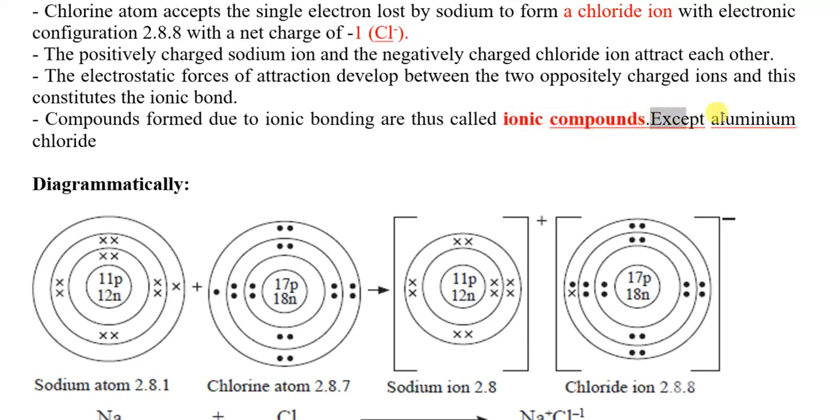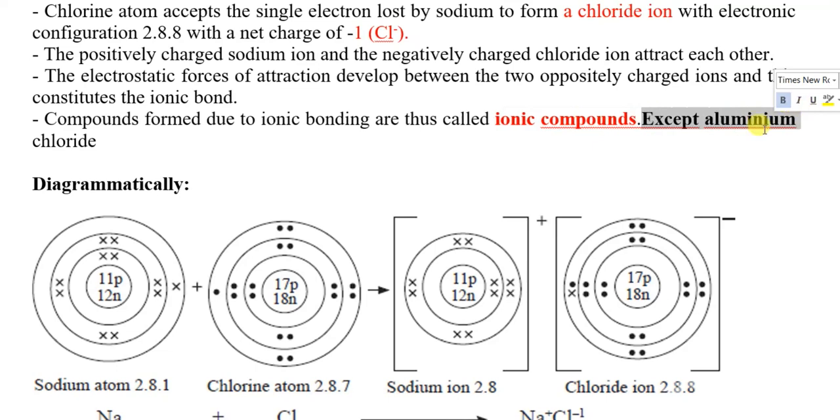The exception is here: aluminium chloride. That's where I want you to get. Aluminium chloride is written like that. So my question to you is this: what kind of bond is between aluminium and chlorine?